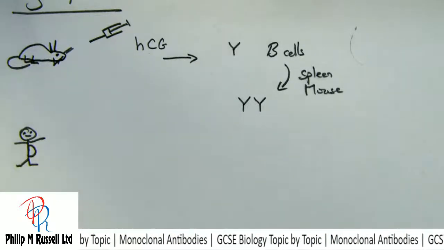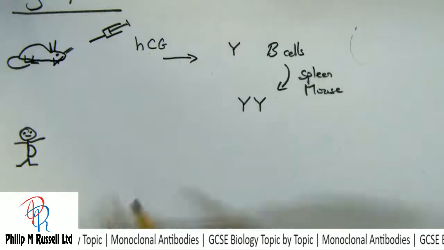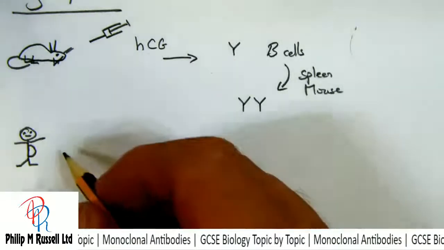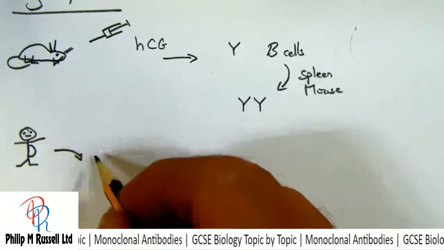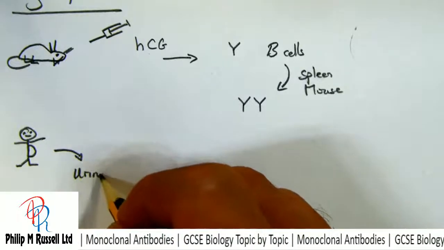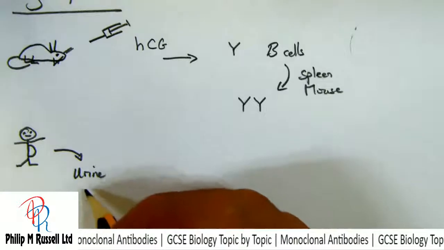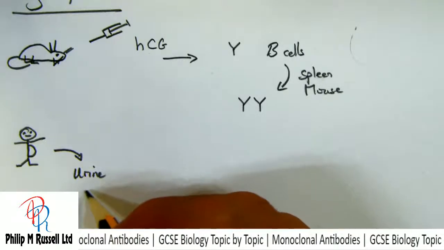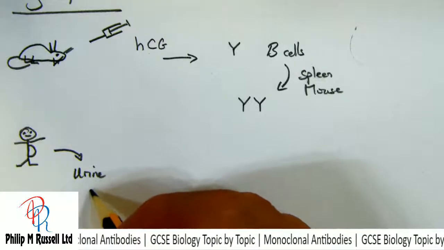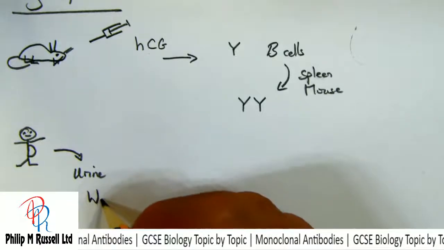Now, what we can do here is we could take a sample of urine, and that we're going to put onto basically a wick, I suppose.